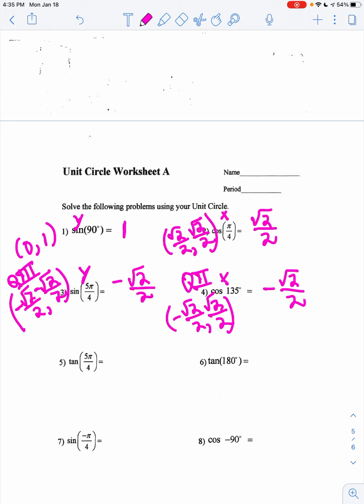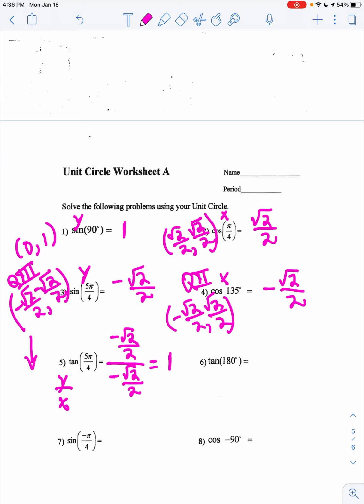How about the tangent of 5 pi over 4? Now, it's the same information as number 3, but tangent, we have to remember, is y over x. So we're actually taking negative square root of 2 over 2 over negative square root of 2 over 2. Well, the x and y values are the same, essentially, so that's going to reduce to 1.